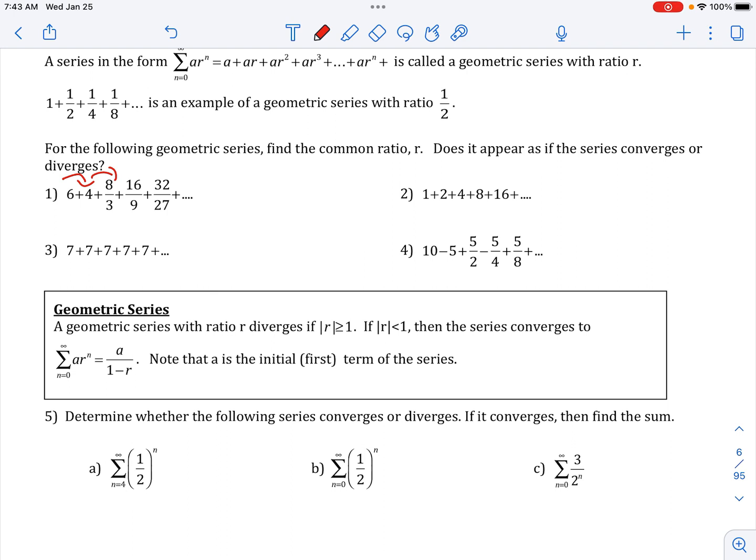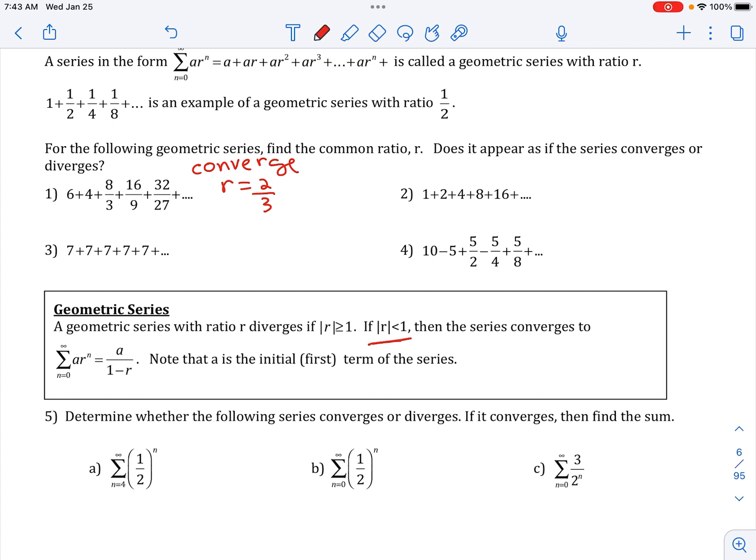You are multiplying by 2/3. Maybe easier to look at these two fractions. Notice you're multiplying the top number by 2. Notice you're multiplying the bottom number by 3. So our common ratio in this problem is 2/3. If the absolute value of that number is less than 1, this is going to converge to some sum. Right now, I don't care what that sum is. I just want to know whether it's going to converge or not.